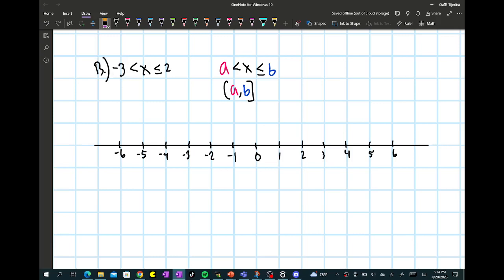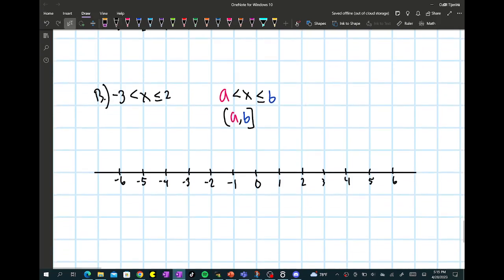And by the way, before we graph it, we have a -3 less than x, so I'm going to do parentheses -3, and then comma, and then I have a 2, so I'm going to put 2, and then close bracket. This is my solution in interval notation.